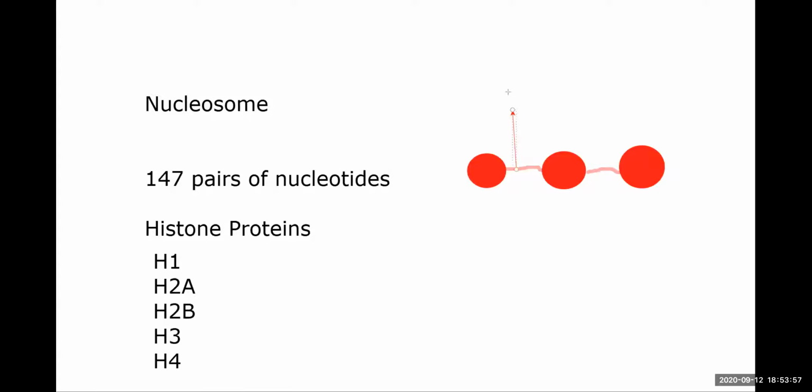So two consecutive nucleosomes are connected by histone H1. Now, what are these nucleosomes made up of? Remember that this is an octameric structure. What do I mean by octameric structure?